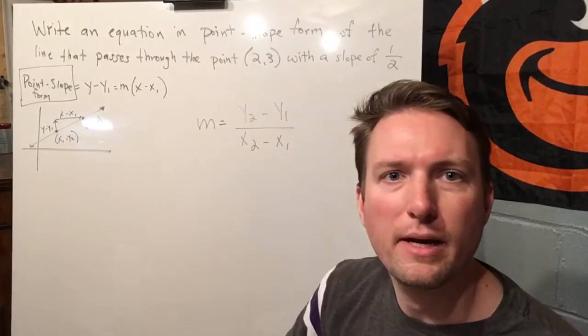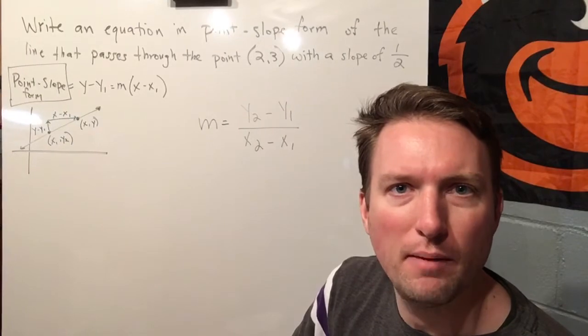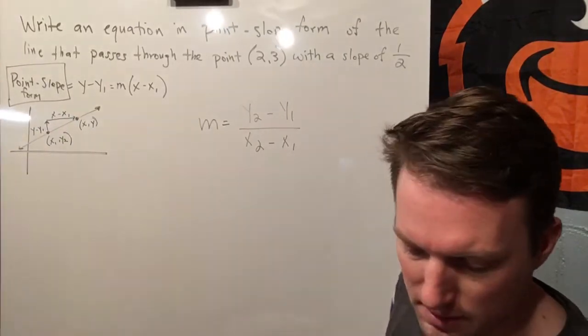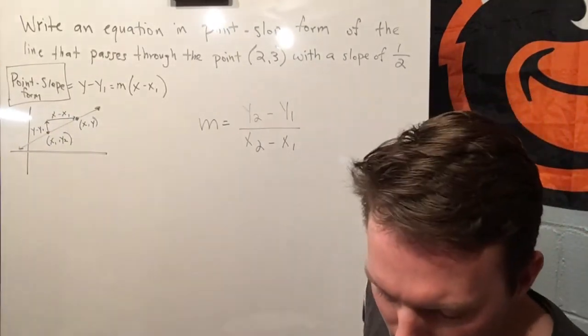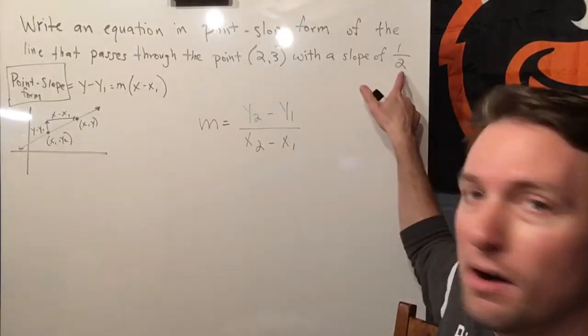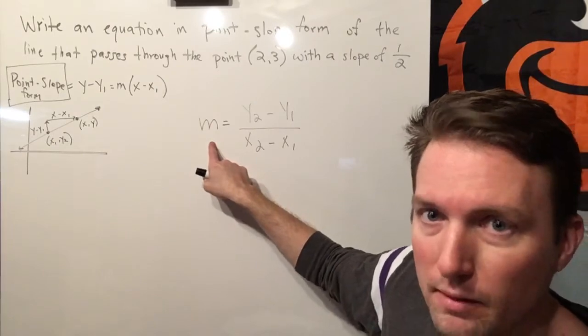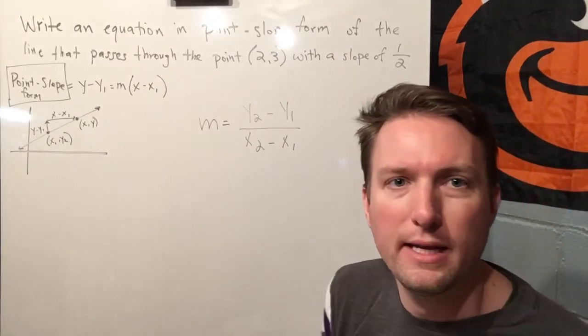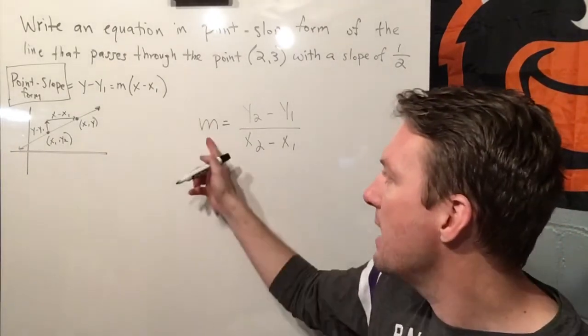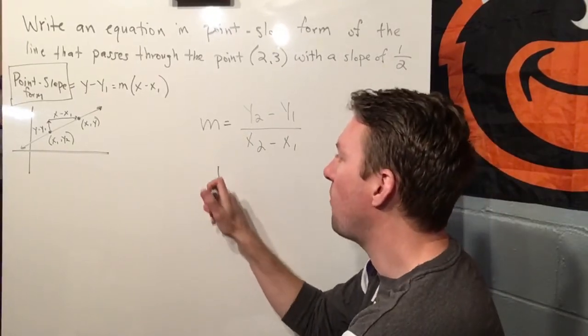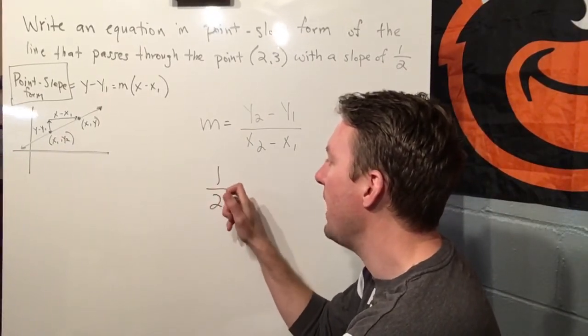Okay? Now we're going to take our information from our problem and solve this, and really we're just plugging it in. So we can substitute our slope of 1/2 for m. Okay? Because remember, back from our linear equations, y equals mx plus b, m is our slope. So we're going to take 1/2 and we're going to plug it in for m.